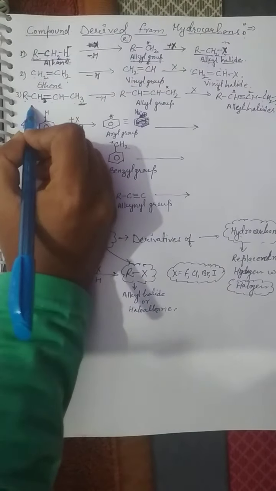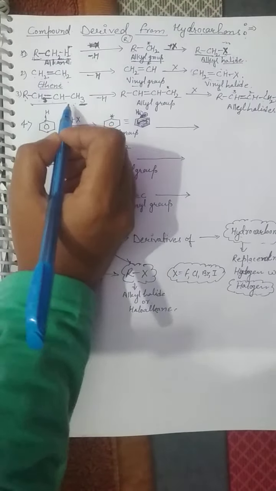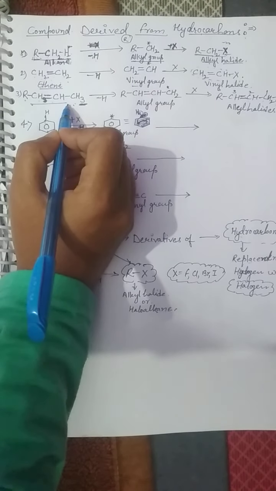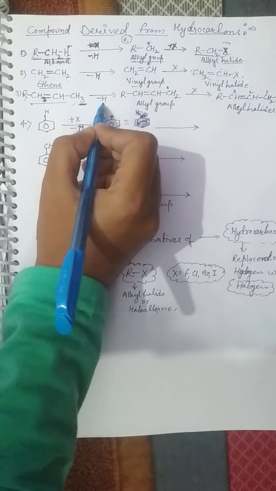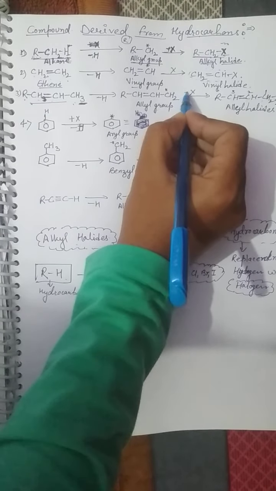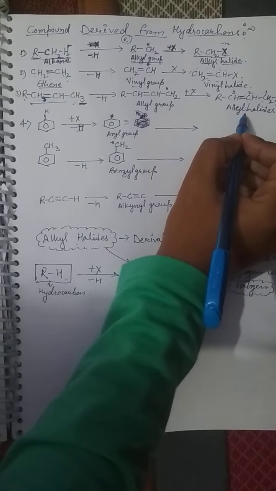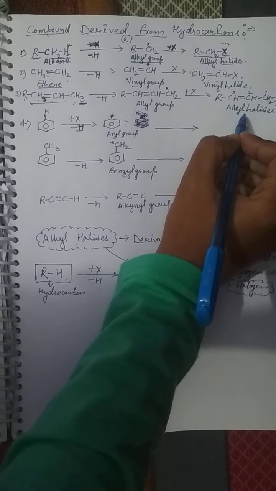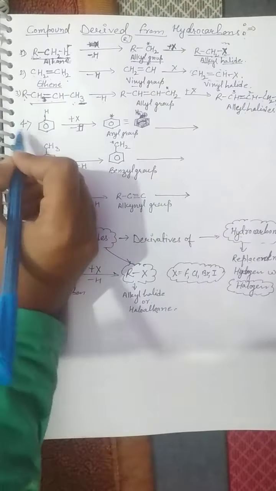If we replace hydrogen, then it is called the allyl group. Addition of the halogen leads to the formation of the allyl halide. Is this clear? Now move to the next.